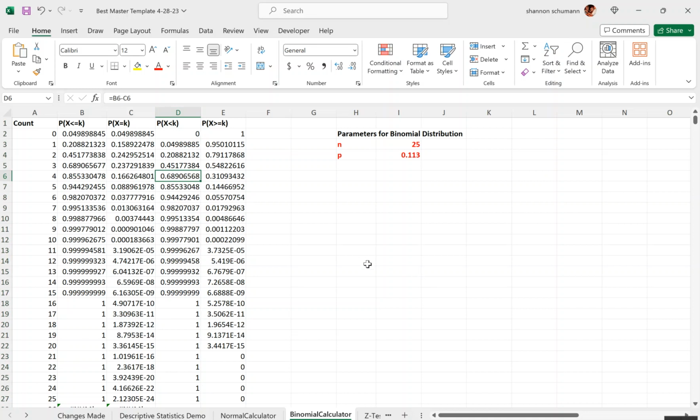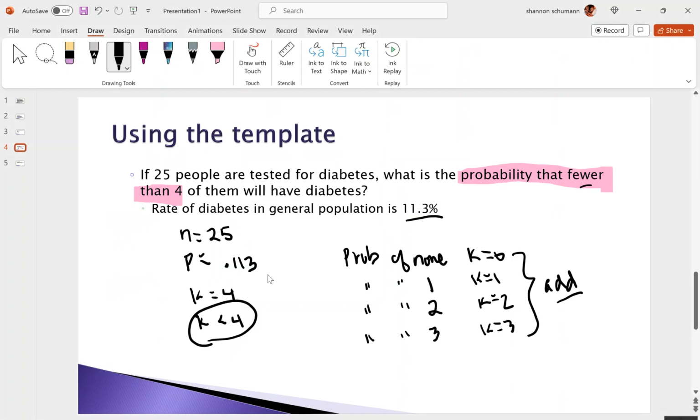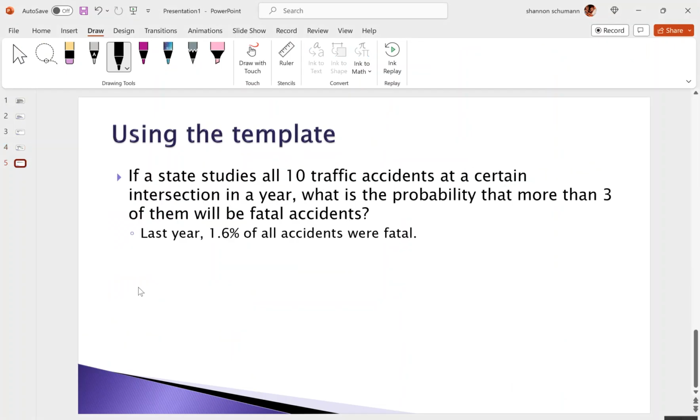Okay. All righty. Let's look at the last example. There's one little sneaky thing on this you have to think about. A state studies all 10 traffic accidents at a certain intersection in a year. We want the probability that more than 3 of them will be fatal. Last year, 1.6% of all accidents were fatal.